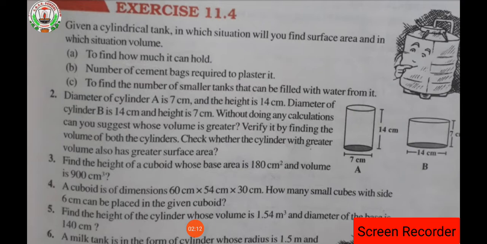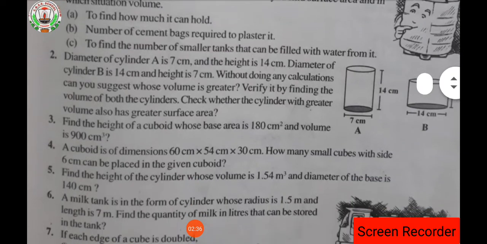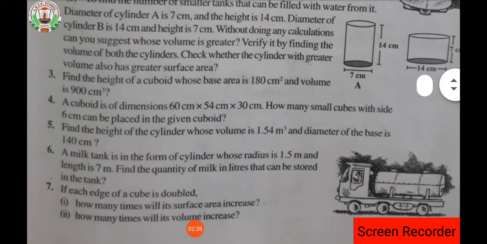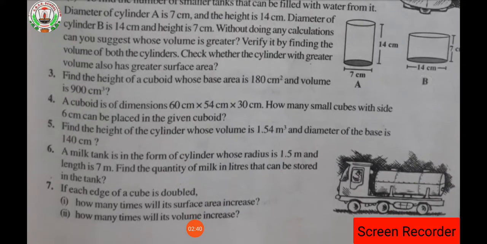Now in the C part, to find the number of smaller tanks that can be filled with water from it, that means liquid is to be filled inside the tank, hence we have to find the volume. In this way we know which thing we have to solve in the question, either the volume or the surface area. And in some questions we have to find both the volume as well as the surface area.